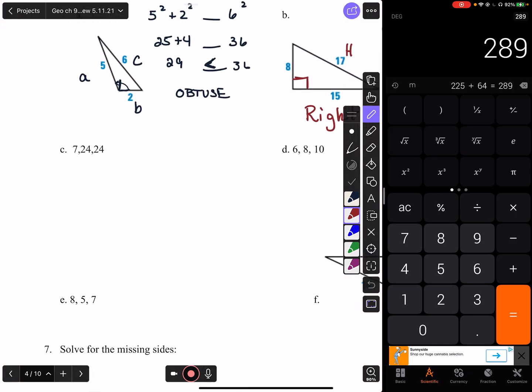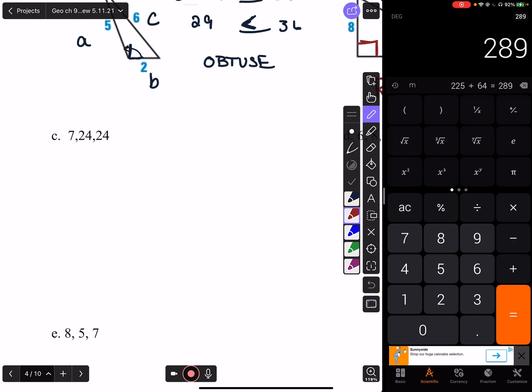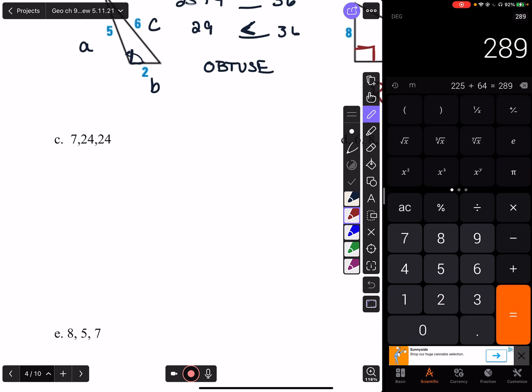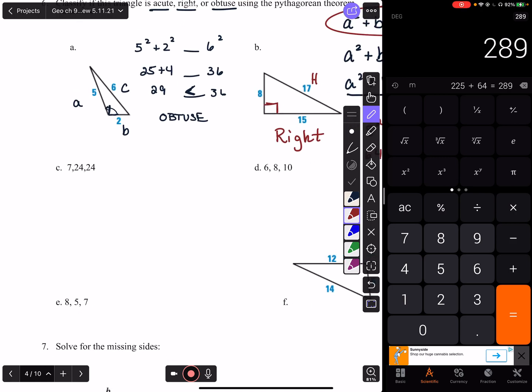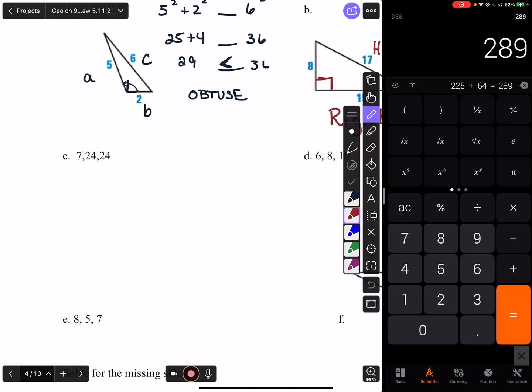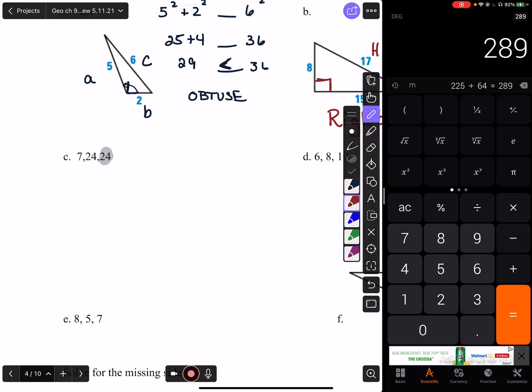That's using the top one there. Here we've just got the measures of the sides. And it's asking to decide if this is a right triangle, obtuse, acute. So again, we have to pick the longest side for the hypotenuse. Now in this case, two sides are exactly the same length, so let's just make one of them the hypotenuse. It doesn't matter which. And we aren't going to have to do all the math on this.